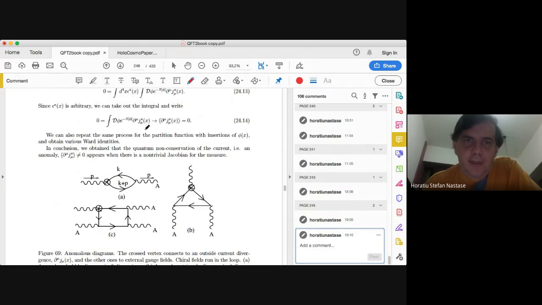All right. So by this derivation, we've seen that if the Jacobian for the transformation of the measure is 1, then we obtain that the vacuum expectation value of d mu j mu a is 0.